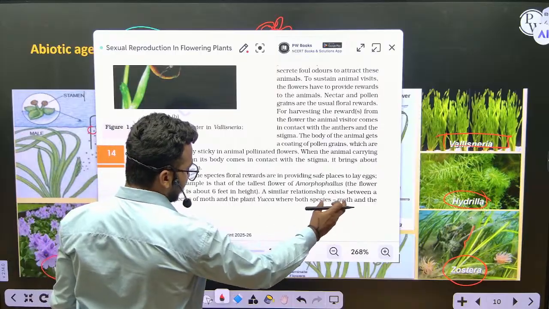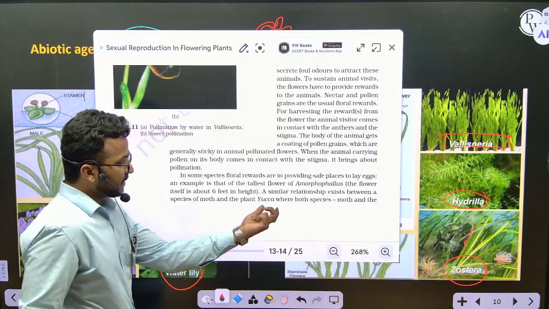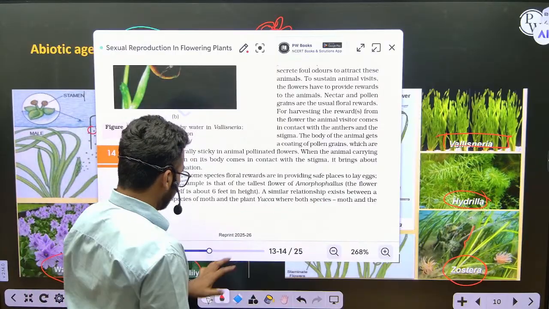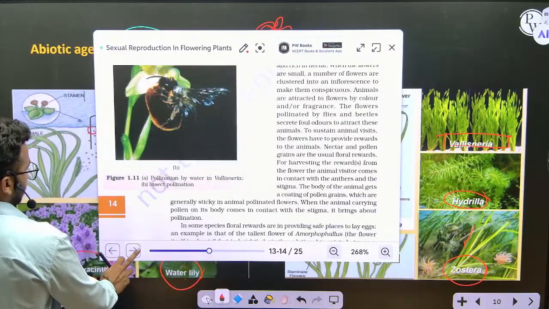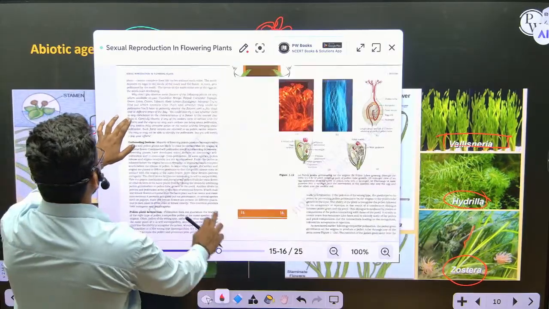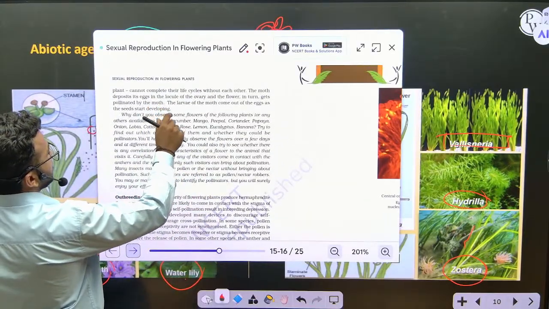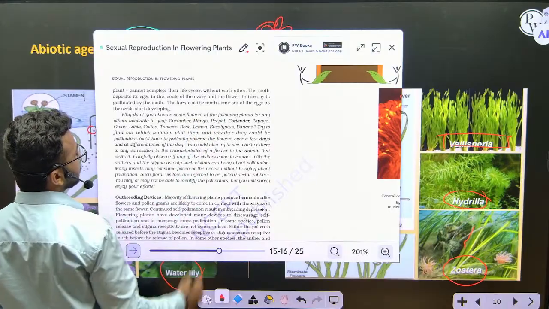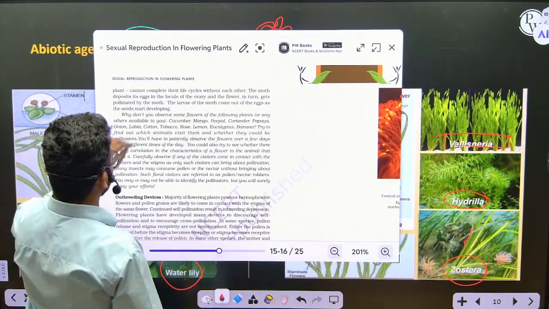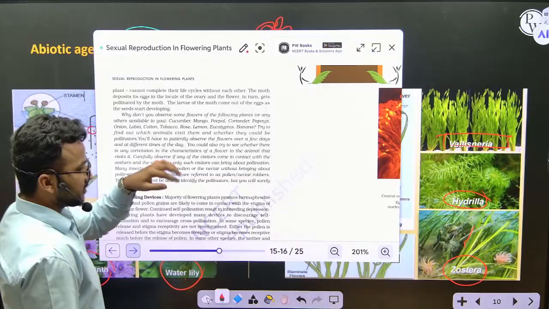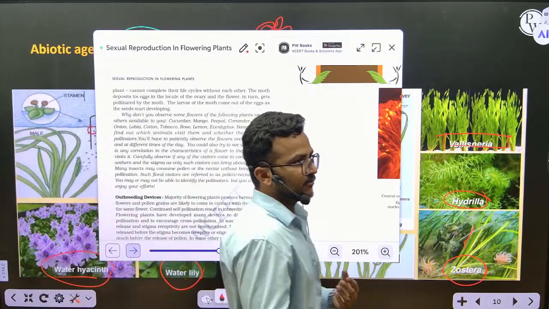A similar relationship is seen in the case of the yucca plant and the pronuba moth, where the pollination takes place and the plant also provides a space to lay the eggs. The larva of the moth comes out of the eggs while the seeds start developing. When it is fertilized, the larva will come out.